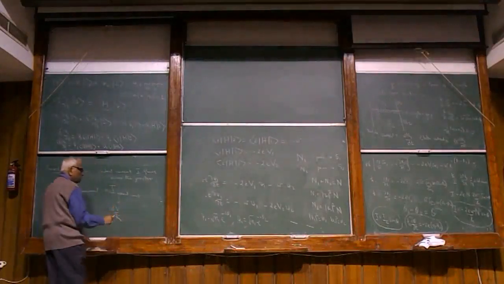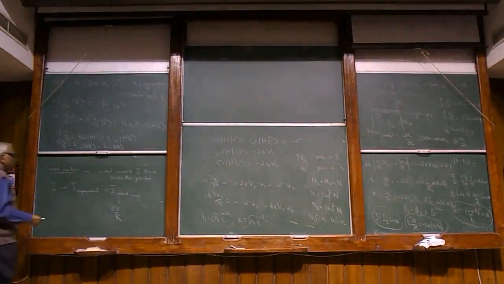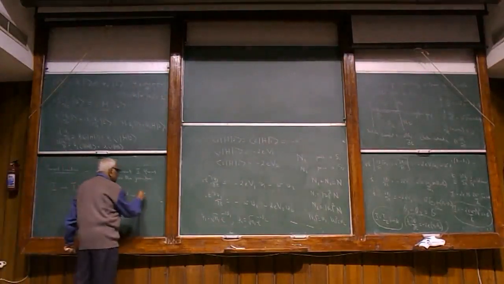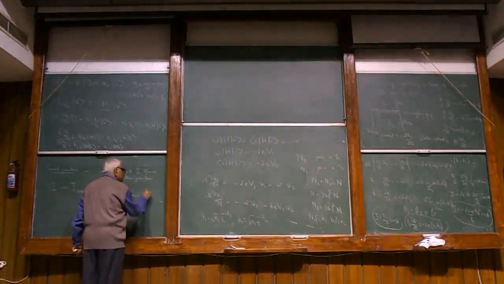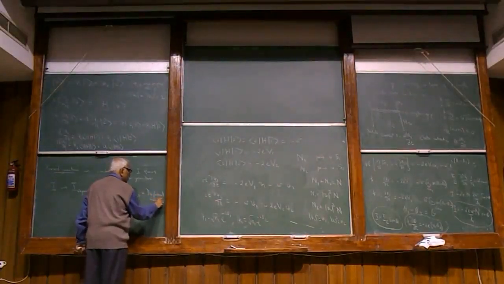If there is a shunt resistance R in the circuit, then that would be voltage difference divided by R, plus there could be some displacement current. Why?